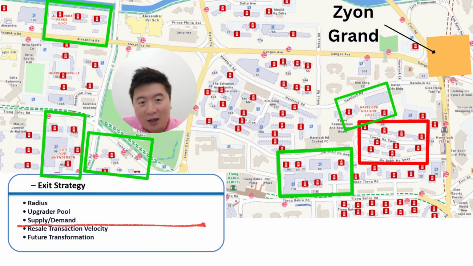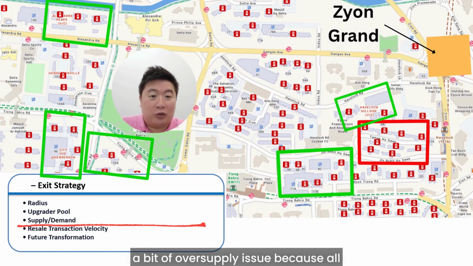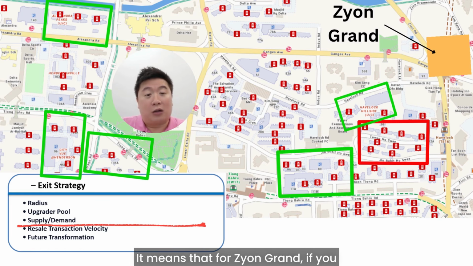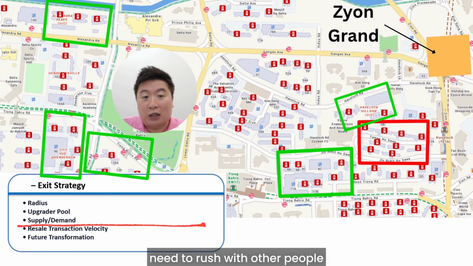Okay. Now, the only thing is, like I said, a bit of an oversupply issue because all five TOP at around the same time. So what does this mean? It means that for Zion Grand, if you hold for a longer term, where you don't need to rush with other people in terms of selling a project, you will have better long-term potential.